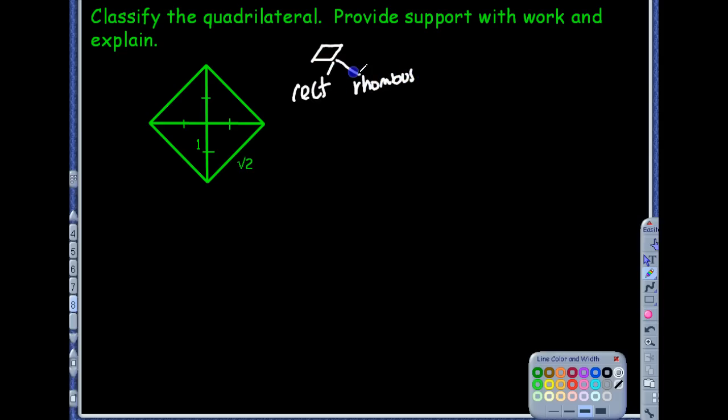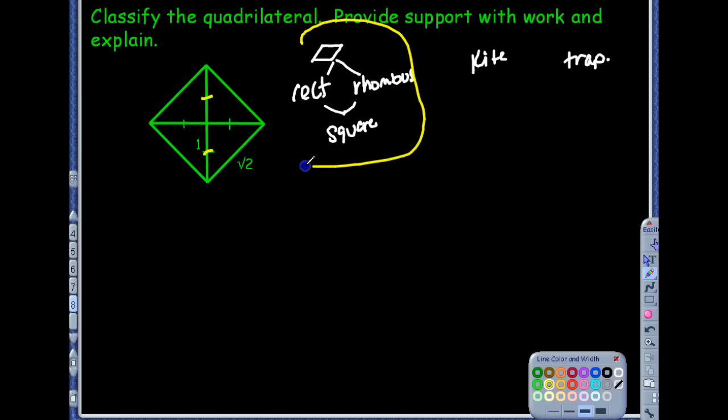But what I'm thinking, while she's kind of hinting at that kind of stuff, I'm noticing in the picture that the diagonals are bisecting each other. And that is a characteristic of a parallelogram. So I know I'm somewhere in this category.